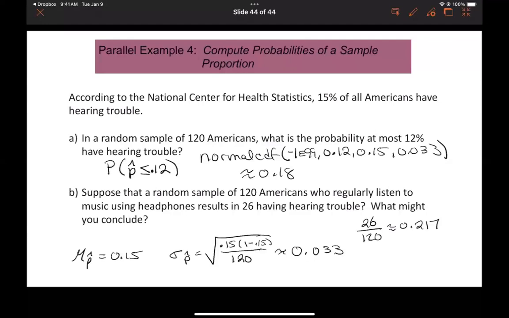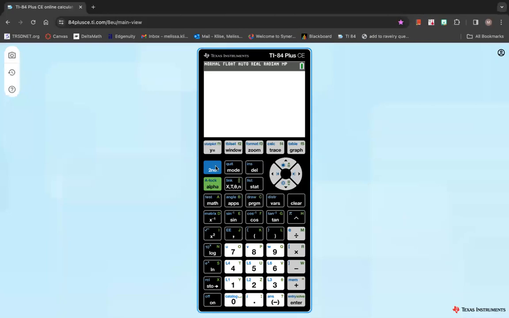So take a look when I go into my browser on my normal CDF. This is the fun stuff. Okay, so we're looking for 26 or more. So I'm going to put my math in here for my p-hat. So 26 divided by 120. I just put it in as a fraction, because why not, right? And my upper would be 1e99.